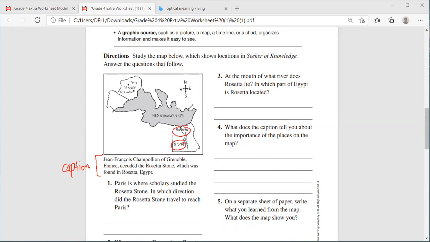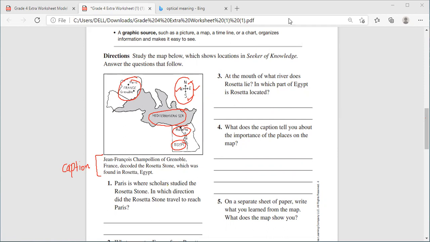This is the Mediterranean Sea. And this icon shows you where the north, east, west, and south are. You can see Paris, France, and Grenoble here. What separates Egypt from France is the Mediterranean Sea.